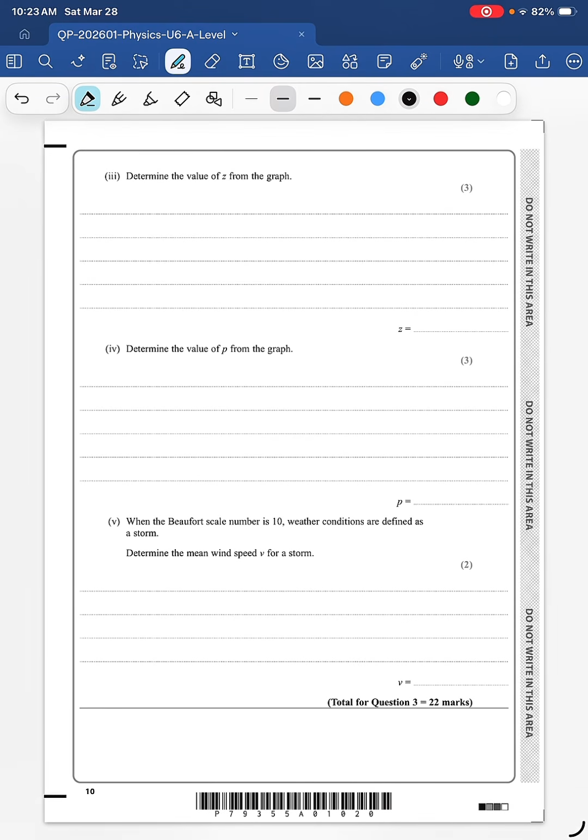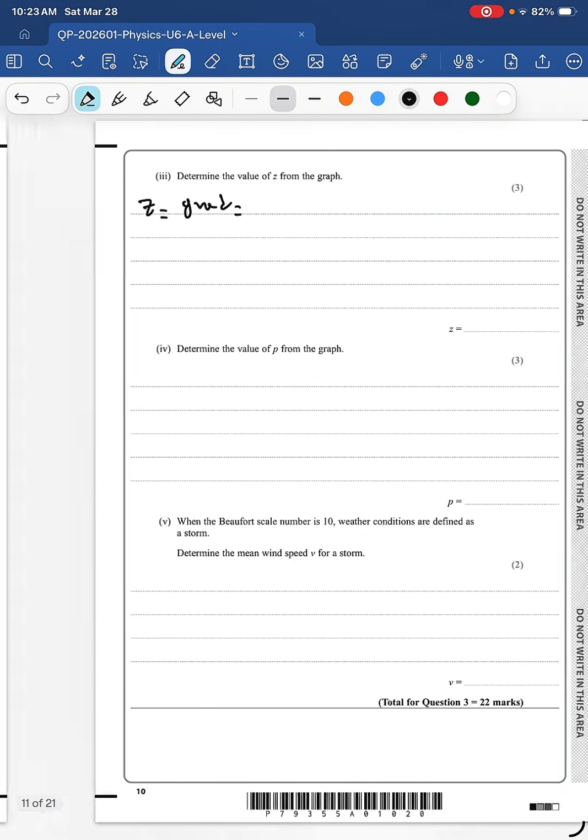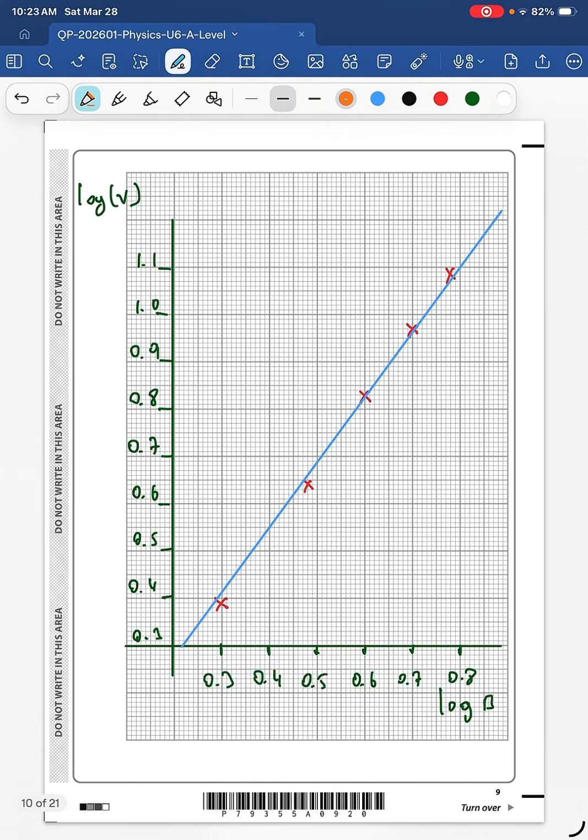Determine the value of z from the graph. So z is the gradient. You can use any 2 points you want from this best fit line. The points I used, I actually used from the table. But you don't have to do this.